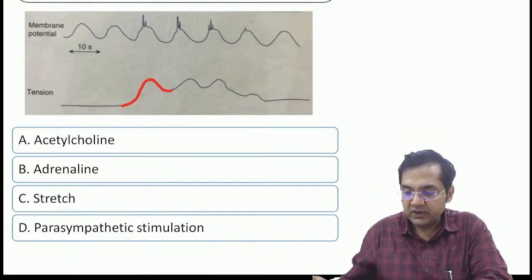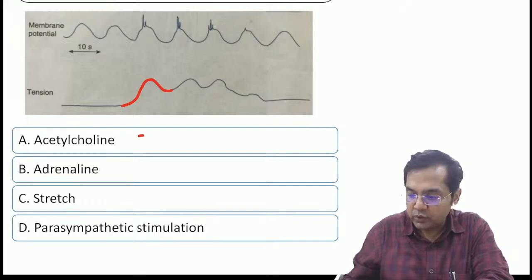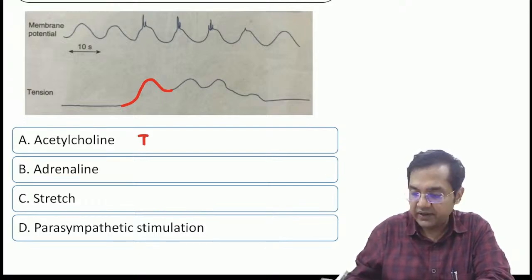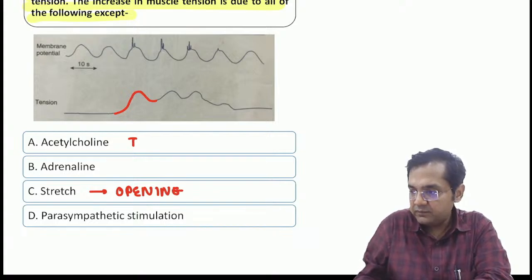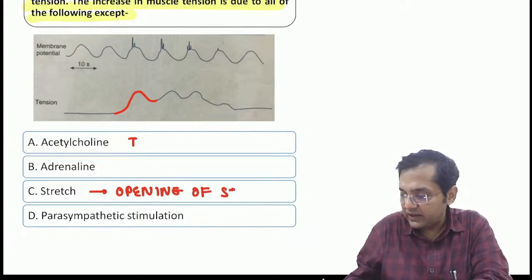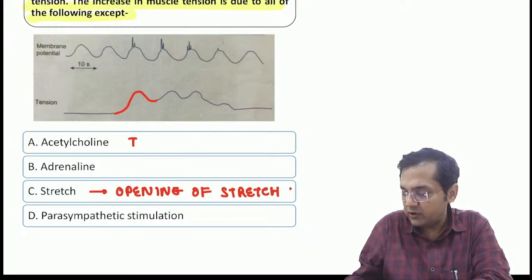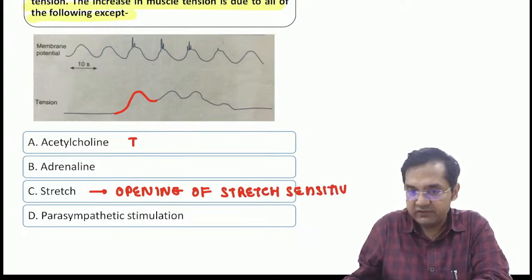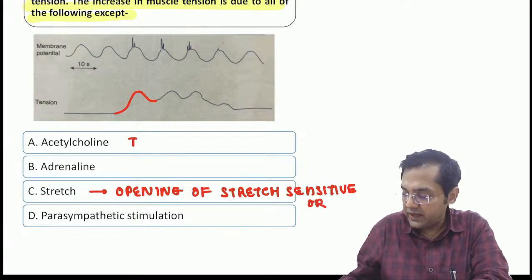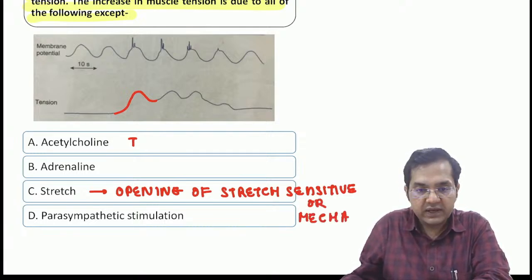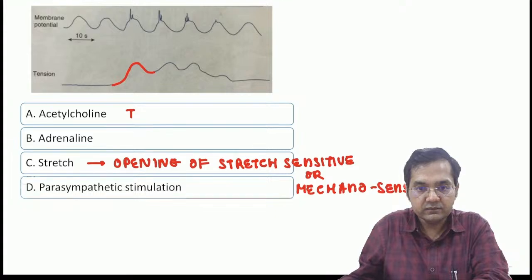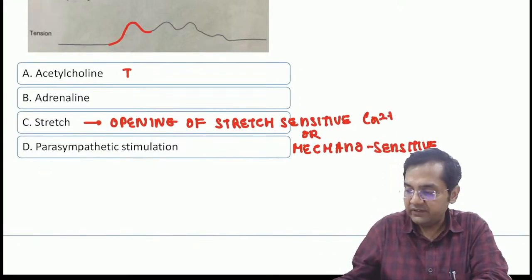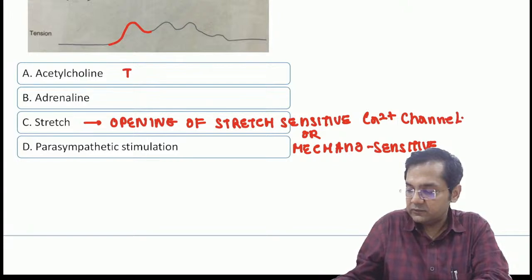So which ones all increase the tension? Does the acetylcholine do? Yes. That is, remember, excitatory. Stretch, yes. How? Stretch, yes Aurora, that is correct answer, good. Stretch causes opening of stretch sensitive, also known by the term mechanosensitive calcium channels.